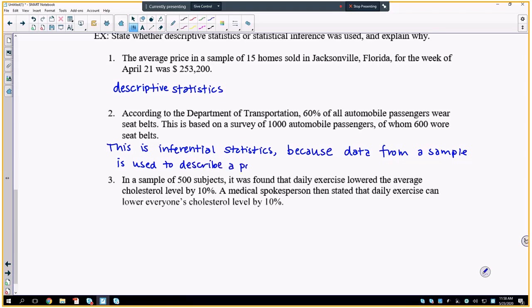The Department of Transportation says that 60% of all automobile passengers wear seatbelts, so they're taking the 60% from their sample and expanding that to say this should hold for everyone.